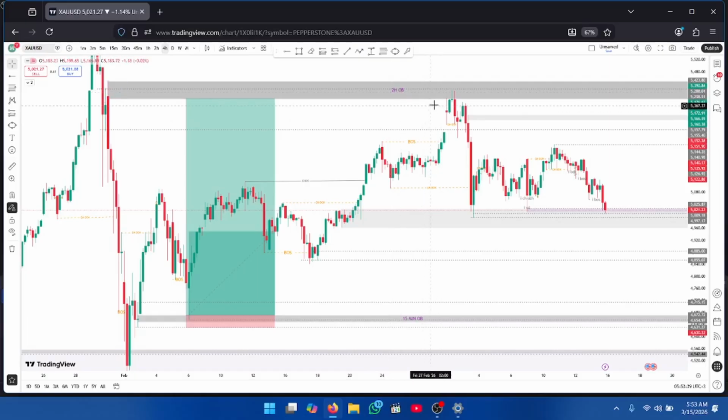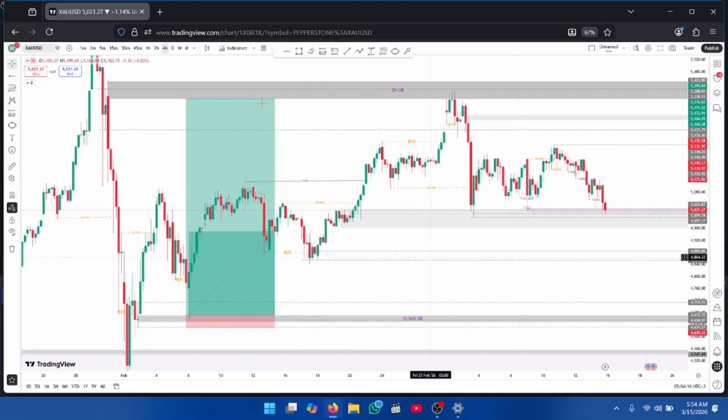So what we are expecting next week, since we had this previous support broken and a closure below that zone, is that this signifies a powerful change of character. So we are expecting the market to have a very deep pullback to this swing low for this major move to the upside.